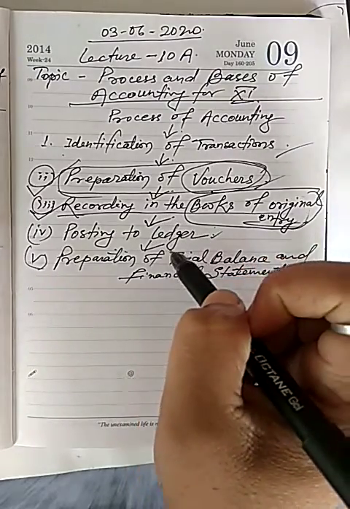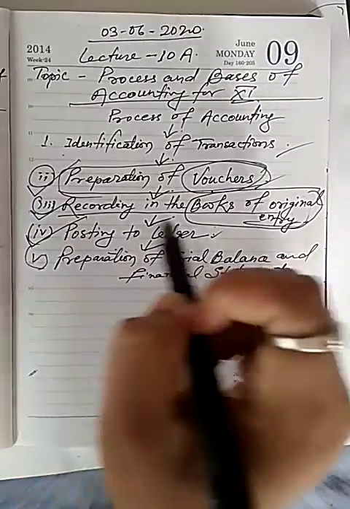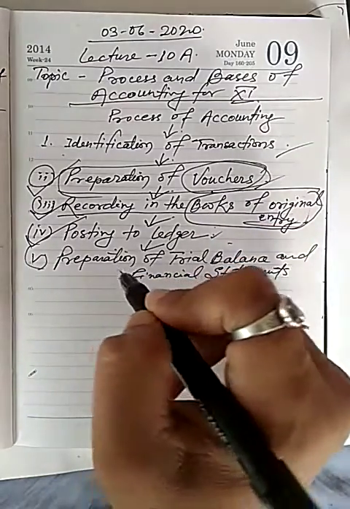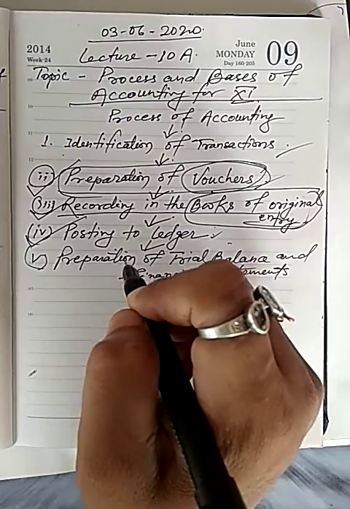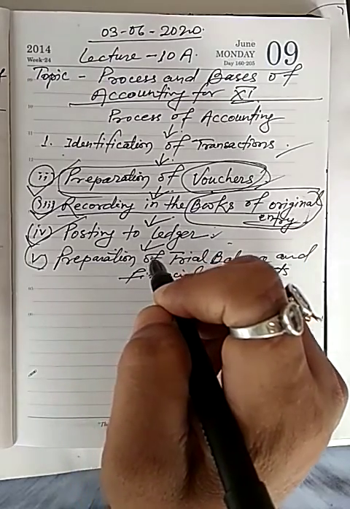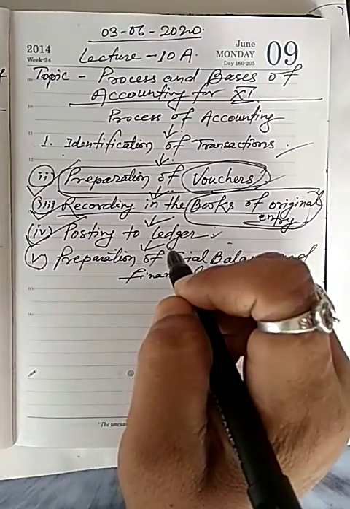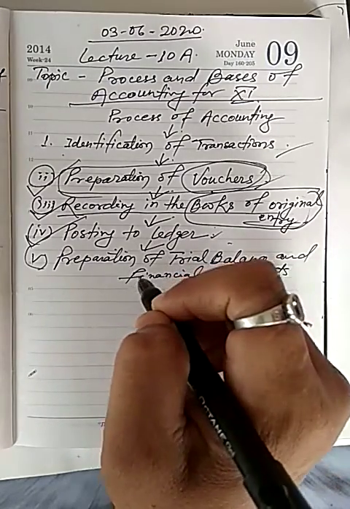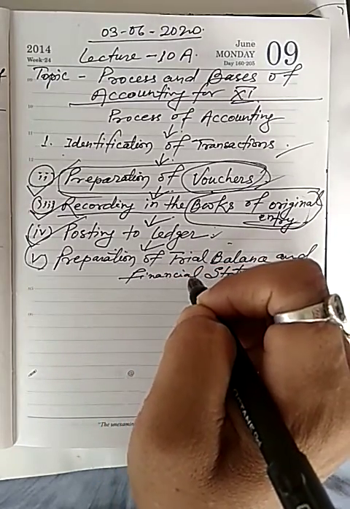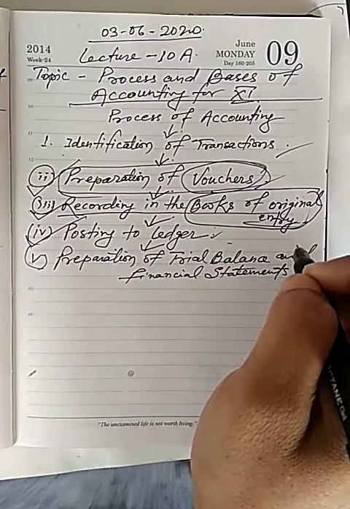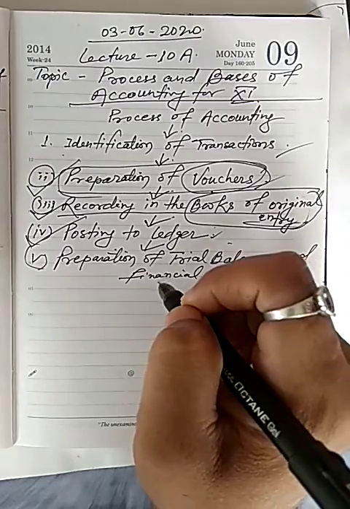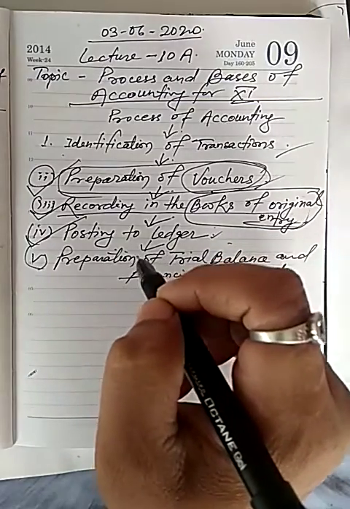Now, next point is posting to ledger. It means the process is to transfer all entry recorded in journal to respective account in ledger.